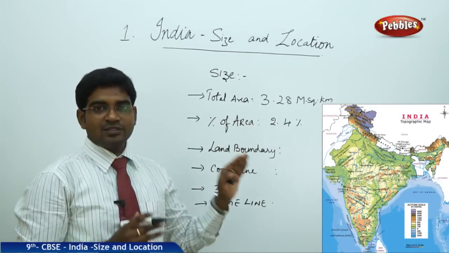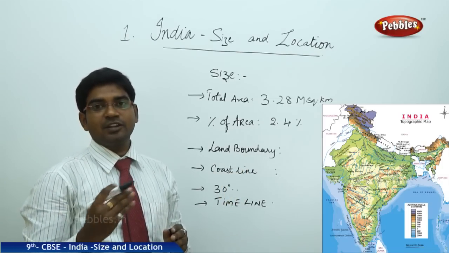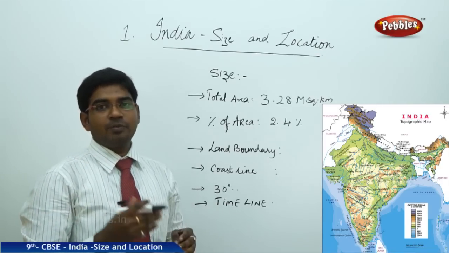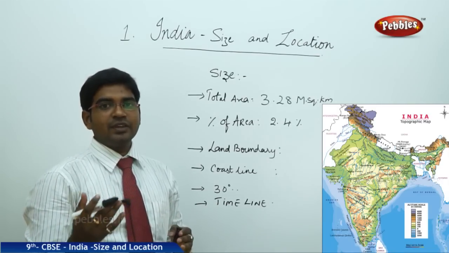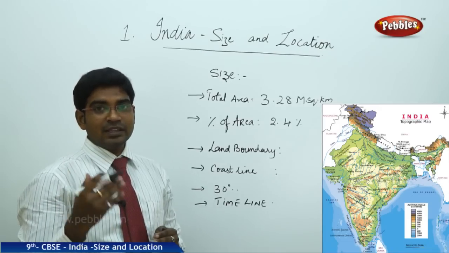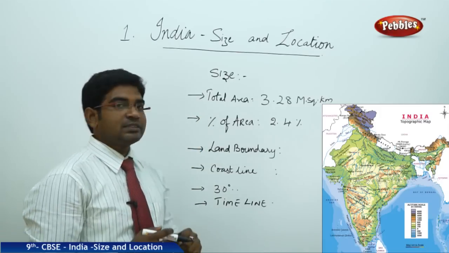But India stands at the 7th place, while Russia with 17 million square kilometers stands at the first place, followed by Canada, and then we have the US, China, Brazil and other countries. Later we have our country India standing at the 7th place.